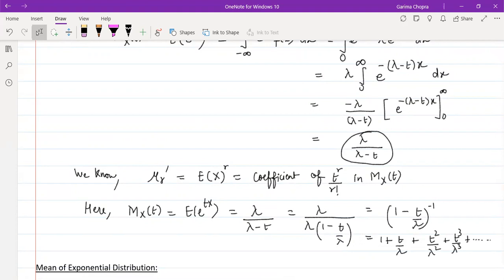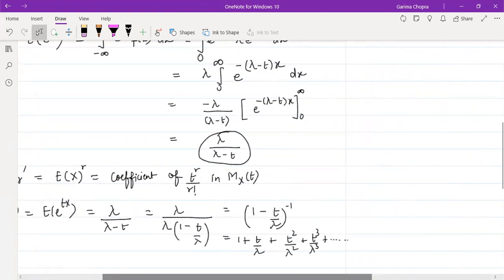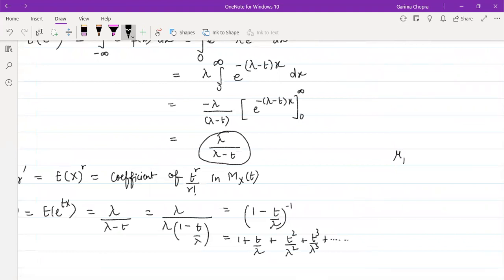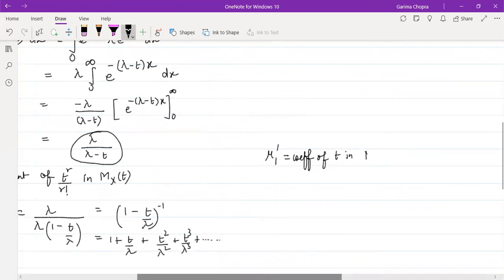Now, if we read here mu1 dash and mu2 dash, the first moment about origin, mu1 dash, is the coefficient of t in this moment generating function.